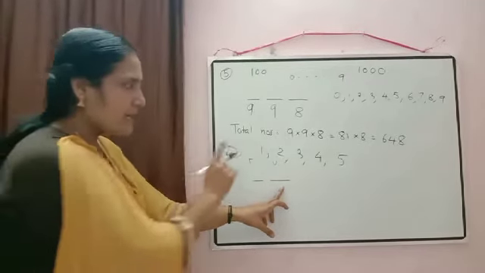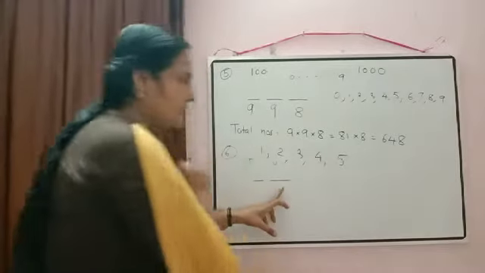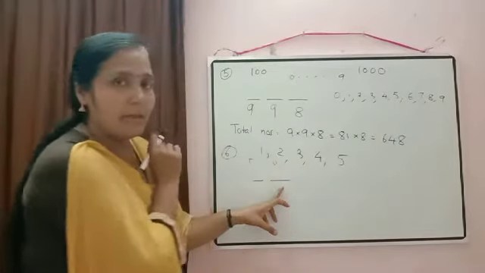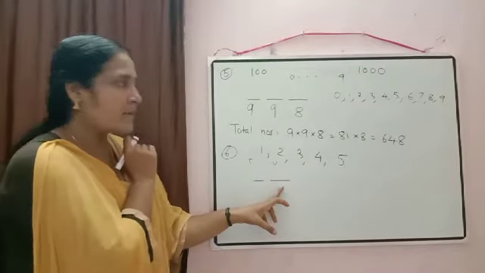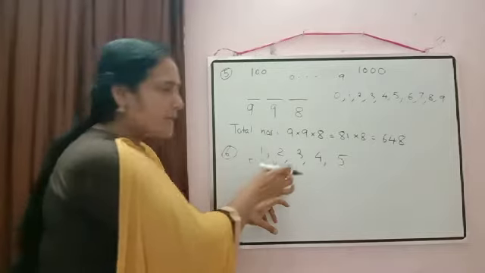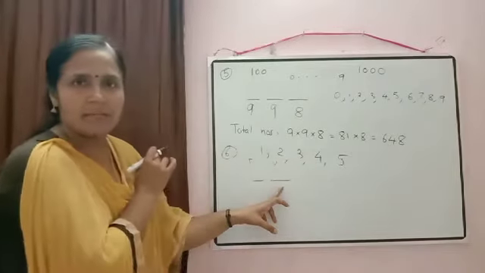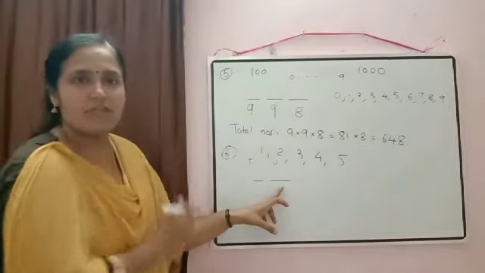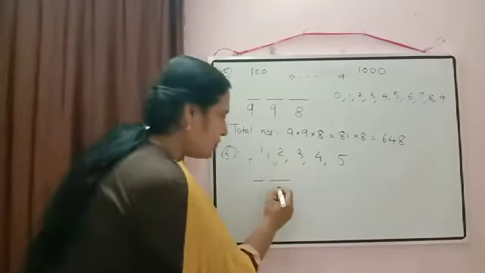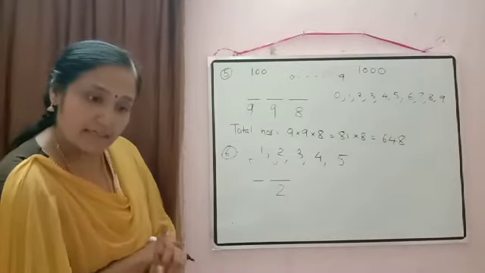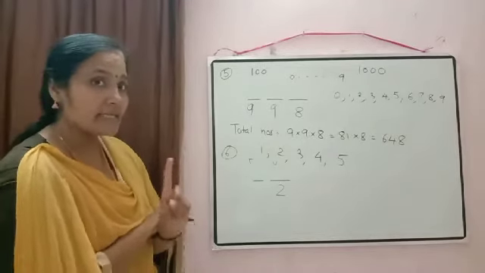Now let us check the numbers which are with us. How can we fill this place? The unit place can be filled in how many ways? What are the possibilities? Either 2 can come in the unit place or 4 can come in the unit place. So these two numbers are available to fill the unit place. So the unit place can be filled in 2 ways. In the first case, repetition is allowed.